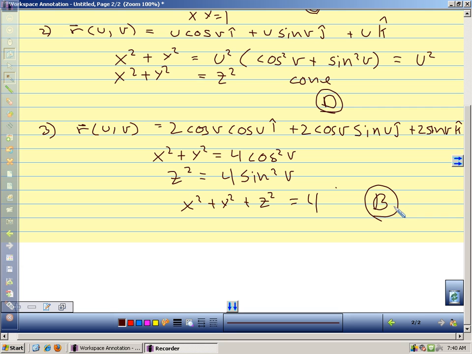All right. So if you're trying to visualize a parametric surface, if you're trying to graph a parametric surface, try to eliminate the parameters to come up with a familiar equation.